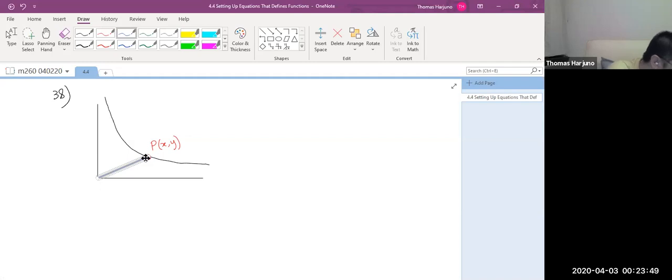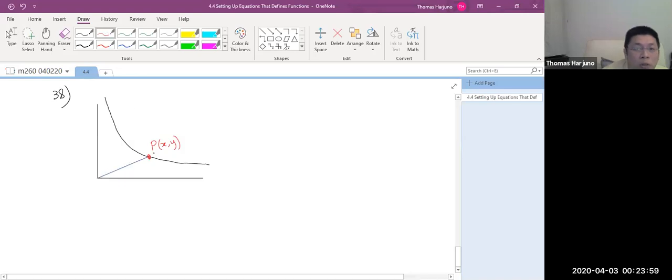From point P, a line is drawn perpendicular to the x-axis, meeting the x-axis at B. So I draw a line from here down. And we call this point B. This is the origin.